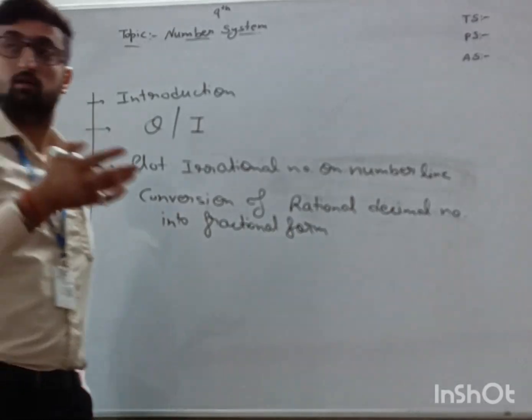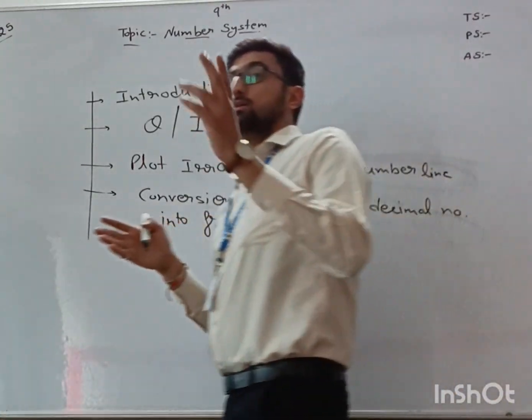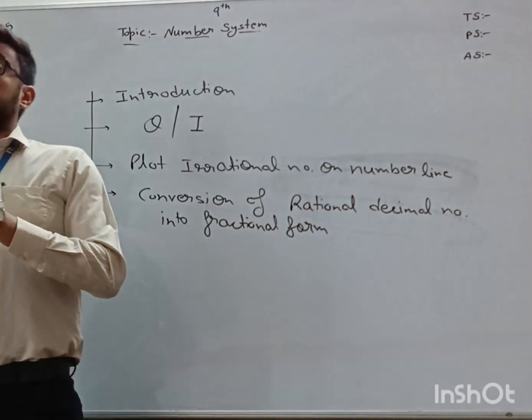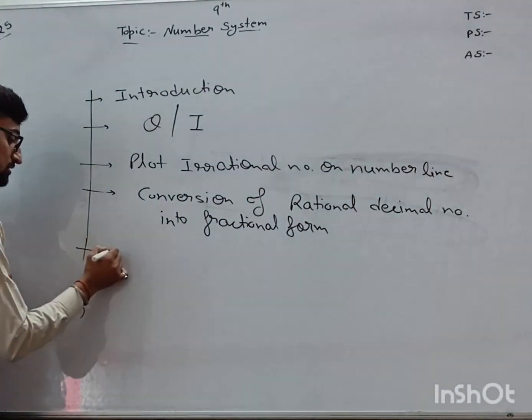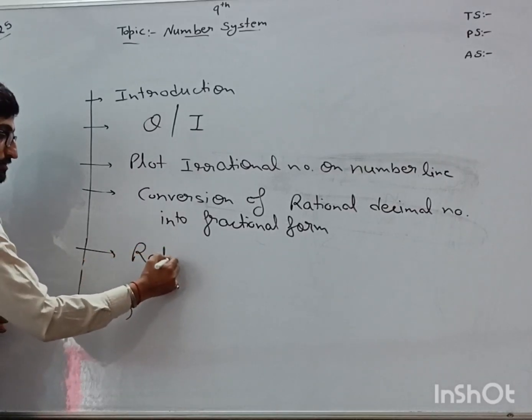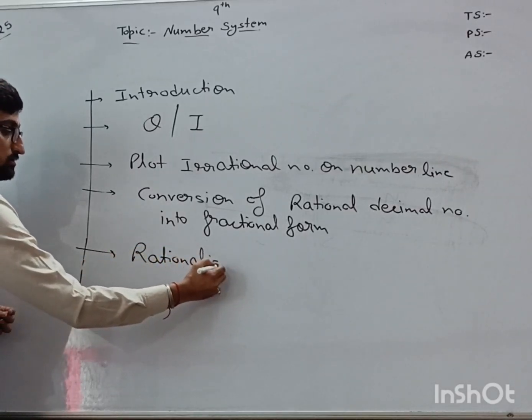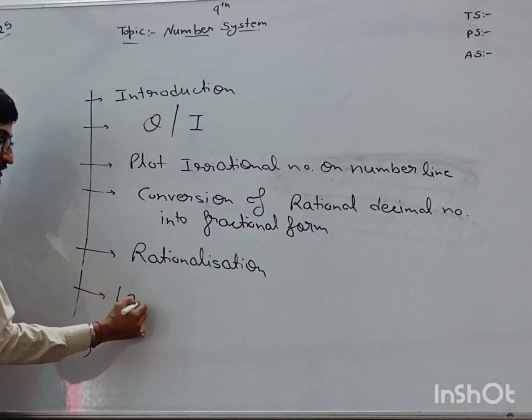Or to convert decimal rational number or terminating or non-terminating but repeating number into P by Q form. After this, the topic which we are going to cover is rationalization, then we have laws of exponent.